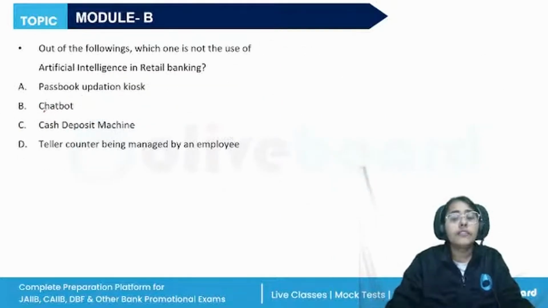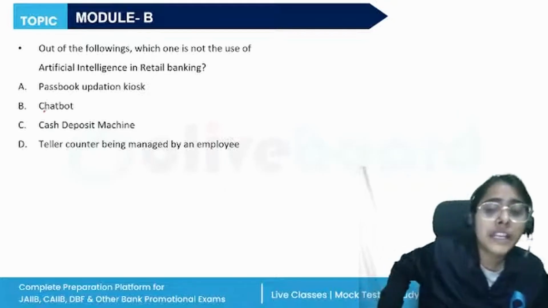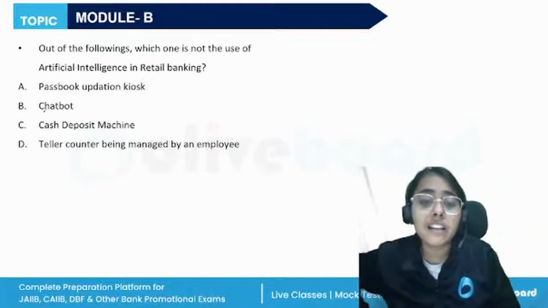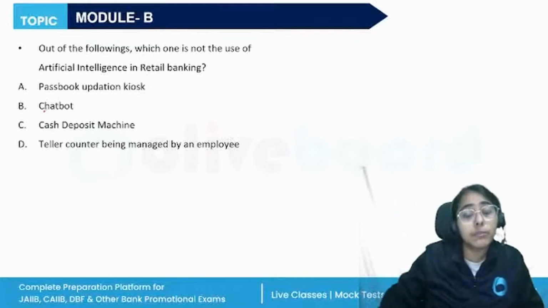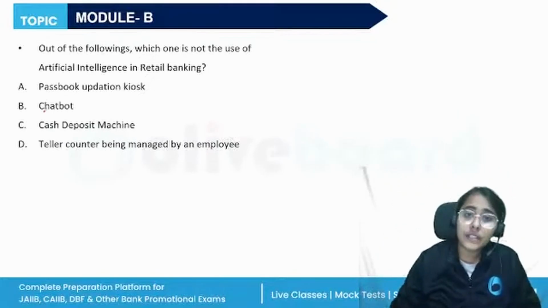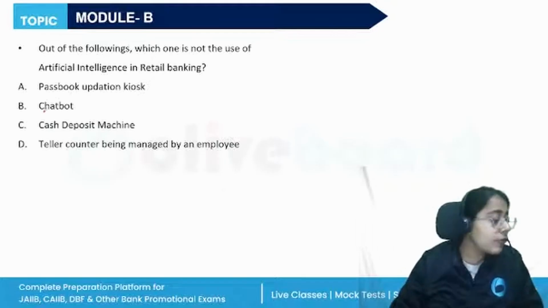Next, out of the following, which one is not the use of artificial intelligence in retail banking? So artificial intelligence is playing a very important role. We can see chatbots, we can see automation. Without the involvement of humans, all the functions are being performed by artificial intelligence.